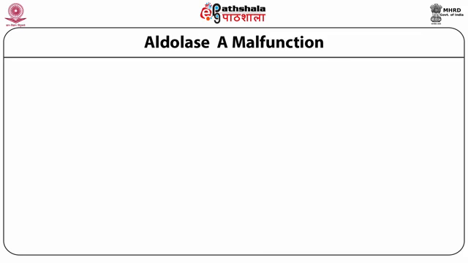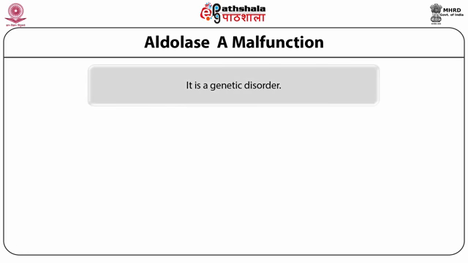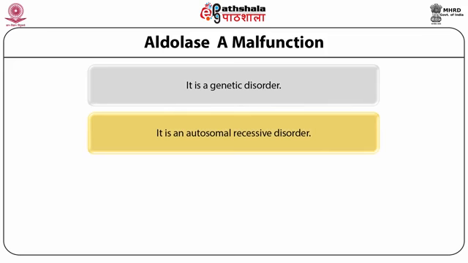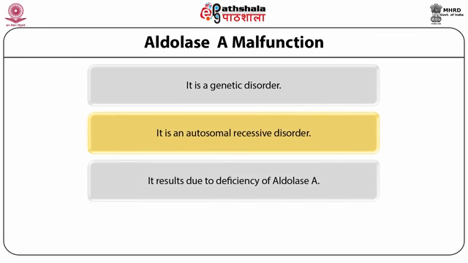Aldolase malfunction. Aldolase A malfunction is a genetic disorder. It is an autosomal recessive disorder. It results due to deficiency of aldolase A enzyme. It is caused due to homozygous mutation in the ALDO-A gene.